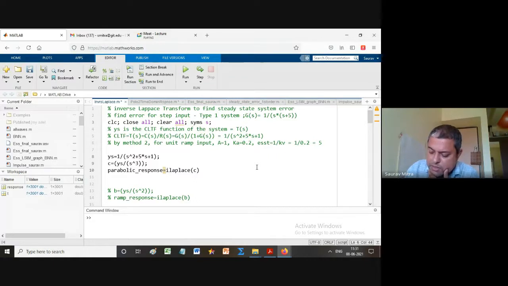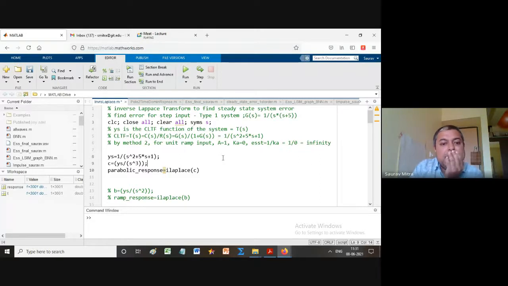It is limit S tends to 0 of S square into G(s) into H(s). The numerator has extra S, so it will be 0. So Ka will be 0, and the error is 1 by Ka, that is 1 by 0, which is infinity. We have already seen this, but we can see it again here.